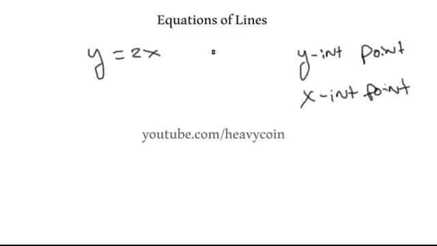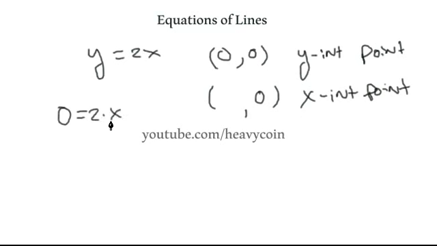Okay, so remember, we plug 0 in for x, and in this particular case, y is 0. But what about the x-intercept? Remember, this is when you plug in y is 0. So y is 0. Well, the only thing that you could plug in for x here would be 0 also. So it looks like our y-intercept and our x-intercept are both the same point, the origin.